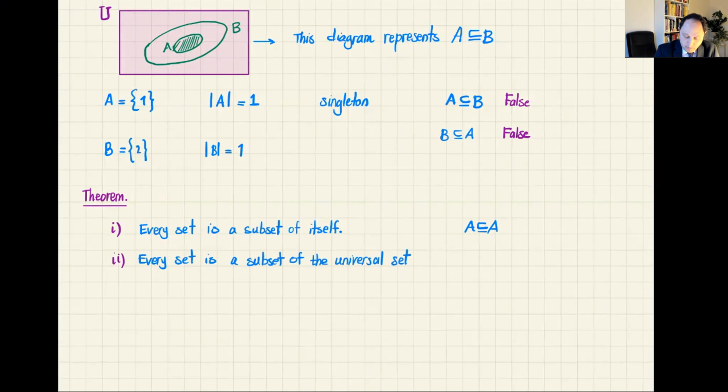So what does it mean? It means that if I choose any random set, and then U is my universal set, I'm completely sure that this happens. By the way, let me write this. Don't get confused. Can I say that every set belongs to itself?